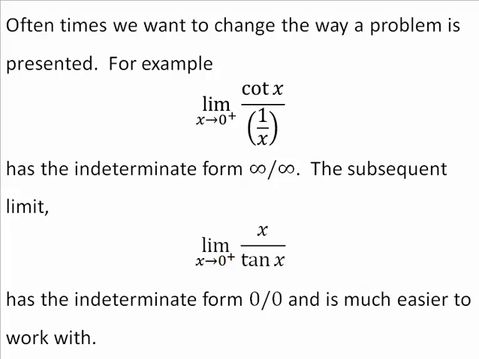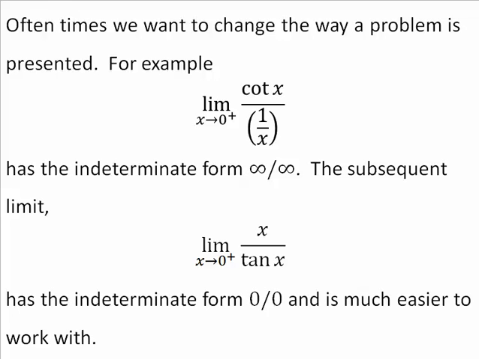And in fact, it's a form that is much, much easier to work with. So just because you can use L'Hopital's rule right off the bat, you might not want to. You might want to say, well, what happens if I simplify? In this case, when I simplified, I still can use L'Hopital's rule.